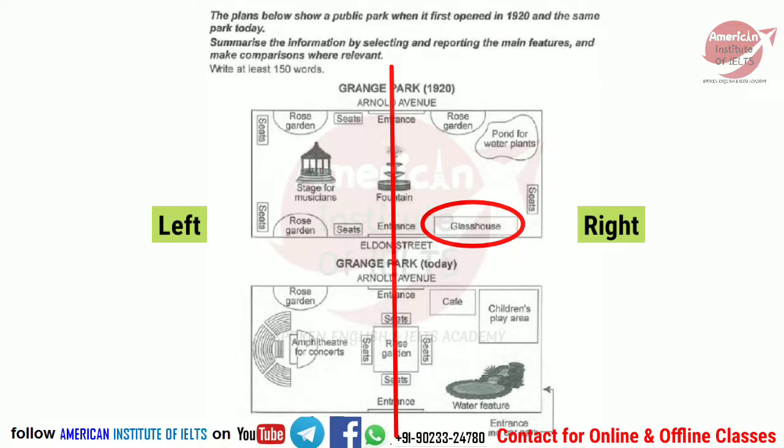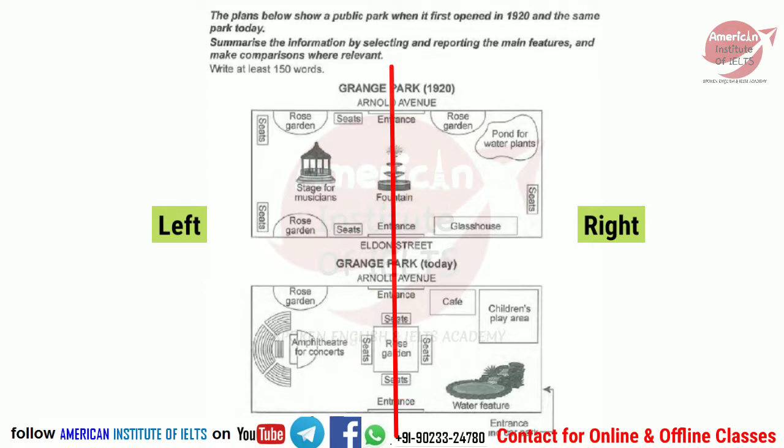After so many years, at present there is only one rose garden. All things on the left have been replaced by an amphitheater for concerts, that is, an open air theater. In the middle, the fountain has now been replaced by a rose garden, which has seats all around.